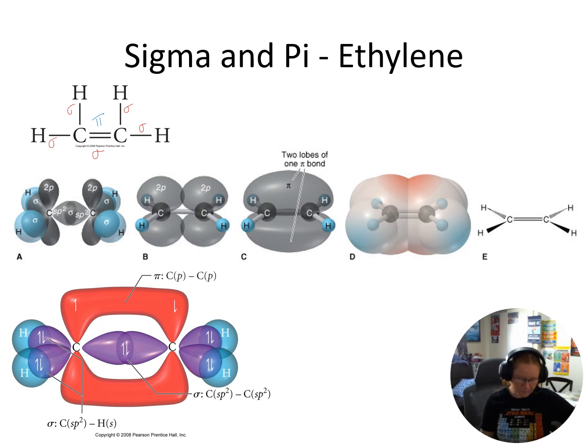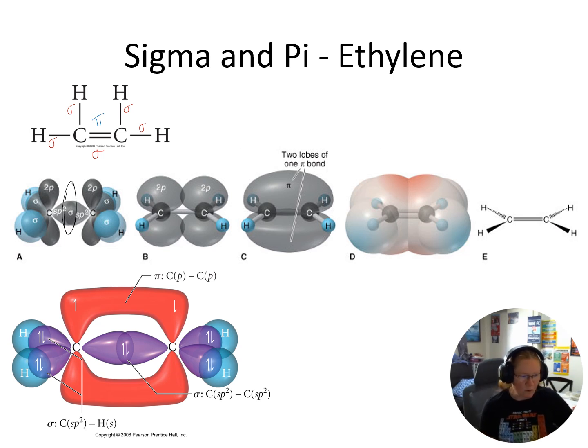And so I get that direct end-to-end overlap that forms that sigma bond. That's this right here. And then the two p orbitals that are not hybridized start to overlap with each other, and we end up getting that pi bond character that forms.